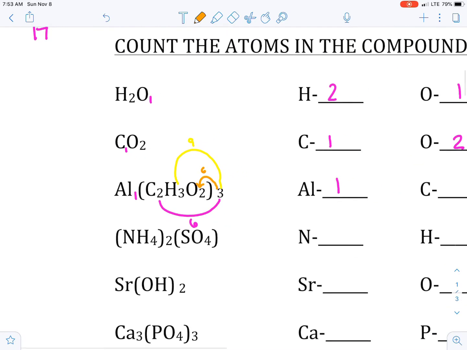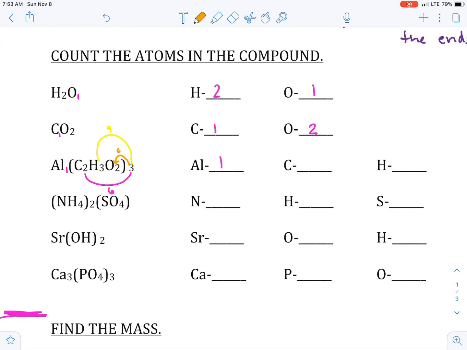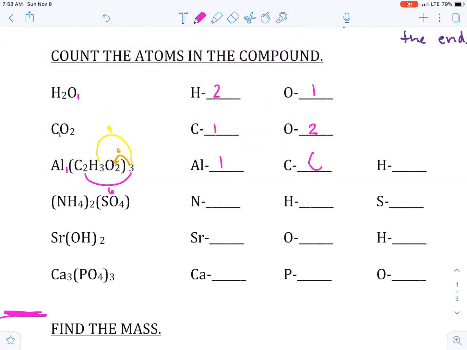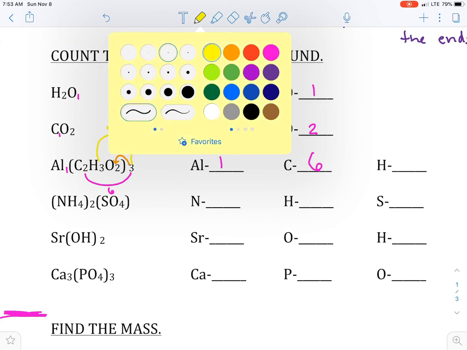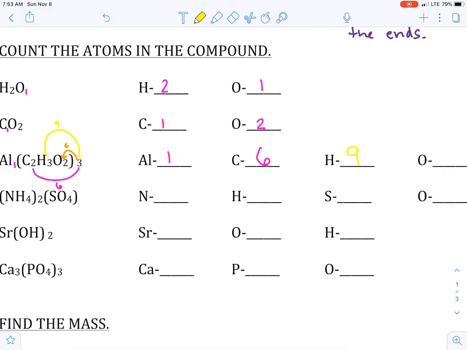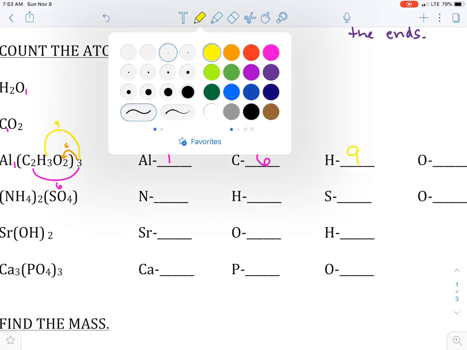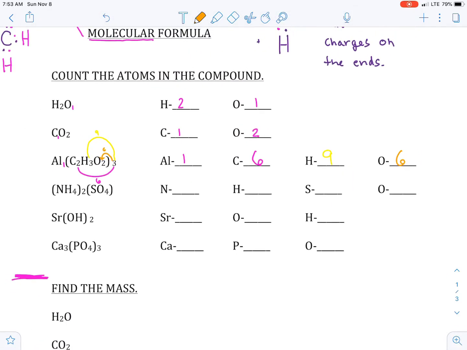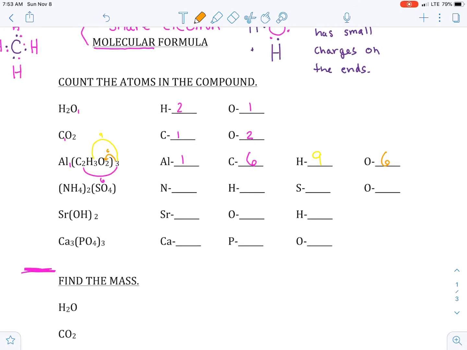And so our numbers would be 6 carbons, 9 hydrogens, and 6 oxygens. Okay, so I'm just multiplying that by the number outside the parentheses.